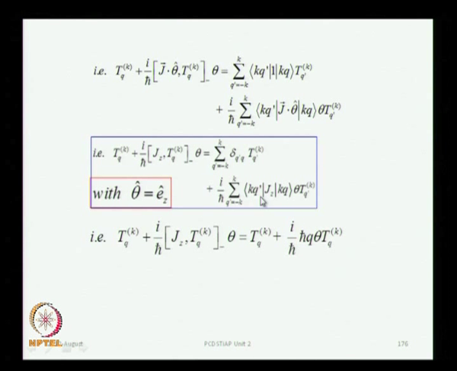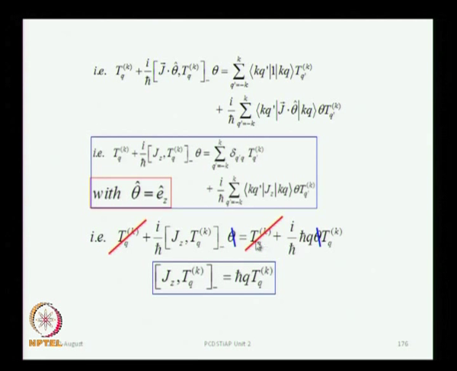You get the orthonormality between kq prime and kq, and then you sum over q prime, so that only the term in q prime equal to q survives, and there is only one term surviving over here. And now you see that you have got this operator which is equal to this operator, so these two terms cancel.